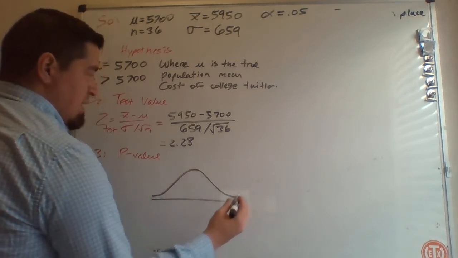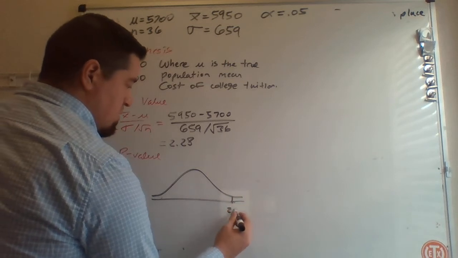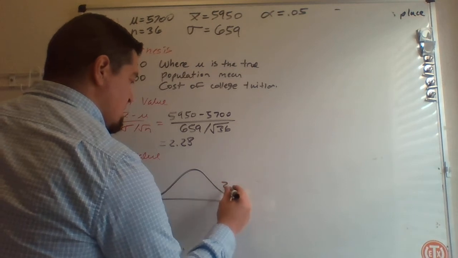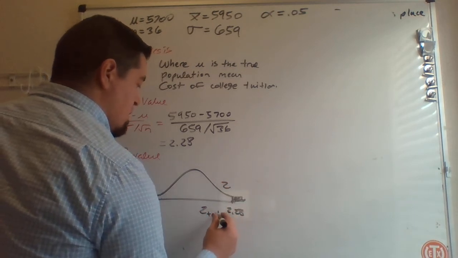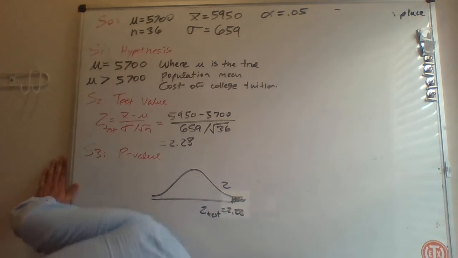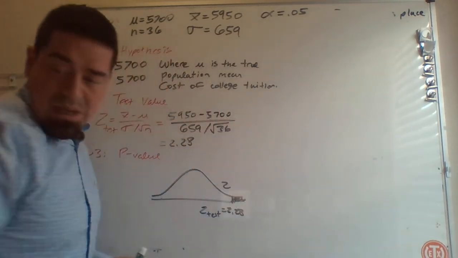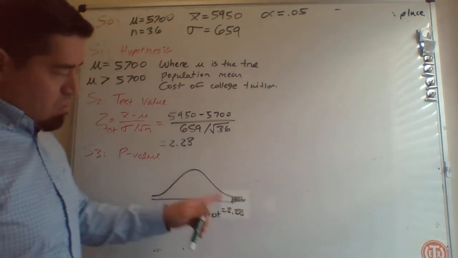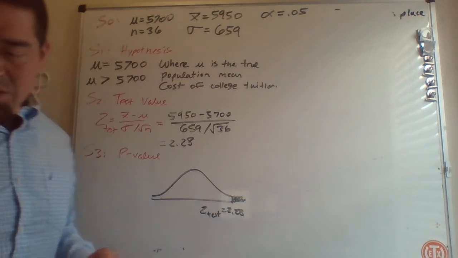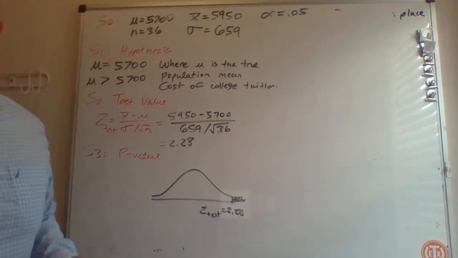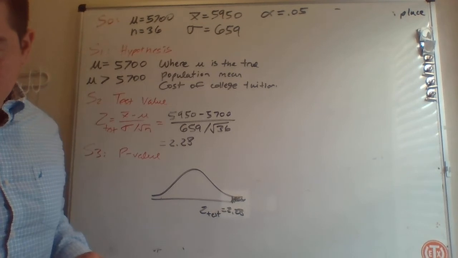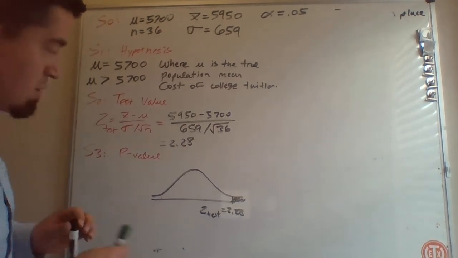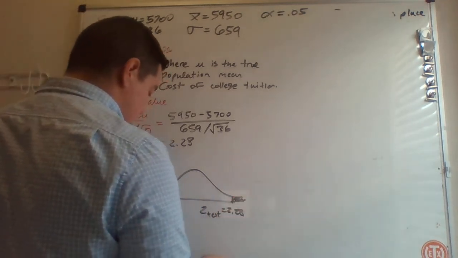I would place my z-test somewhere about here, 2.28, and then, okay, what I'd like to do is calculate the p-value, right? So how am I going to do the p-value? Normal CDF, right? Second bars, normal CDF of 2.28 to infinity, paste, 0.0113. 0.0113 is what I end up getting.